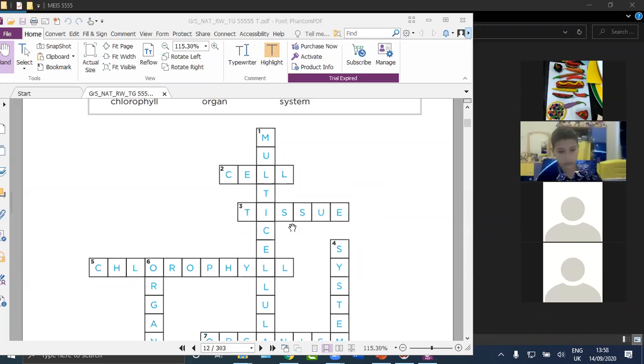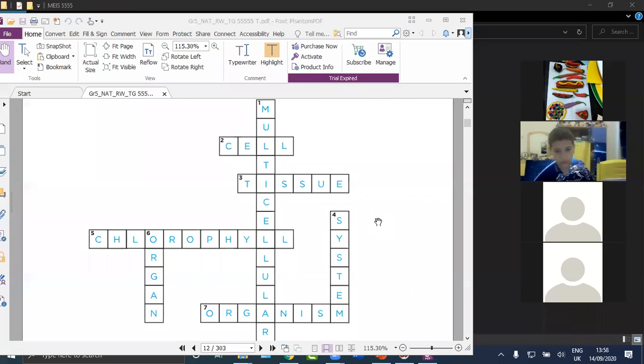Number 3, tissue. Read. Tissue. Similar cells working together at the same job. Multicellular. Number 4, systems. What are the systems? Organs that work together to do a certain job.